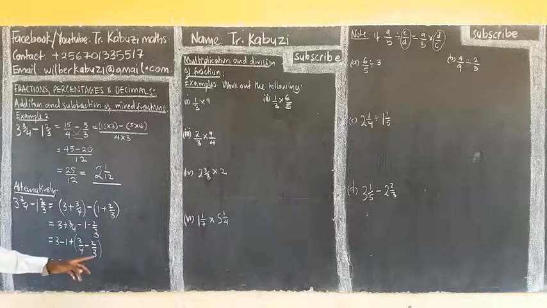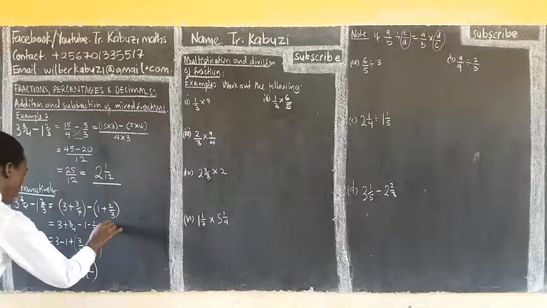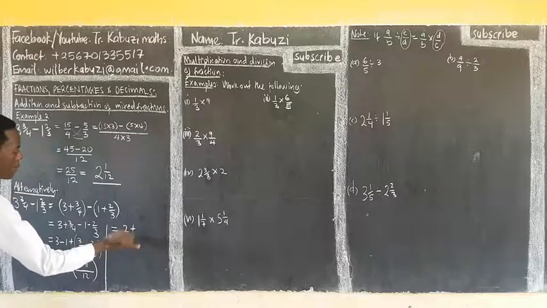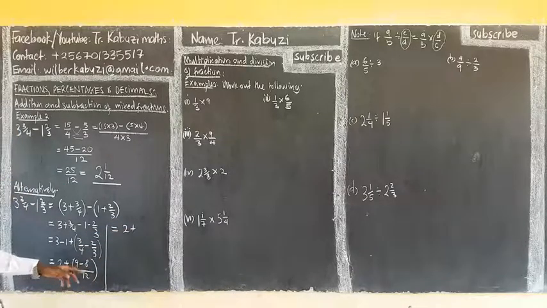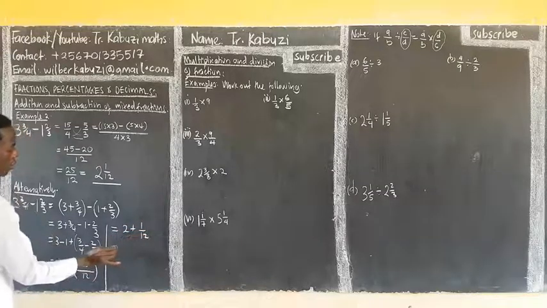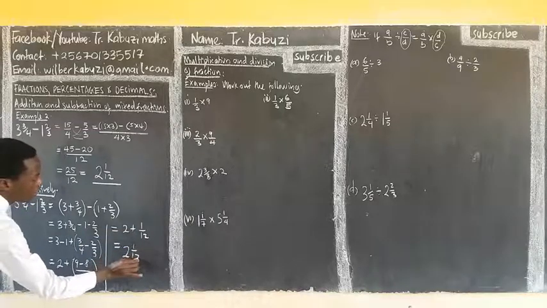You say 3 times 3 we get 9, minus 4 times 2 we get 8, the whole over 4 times 3, we get 12. So this will be 2 plus 9 minus 8, we get 1 over 12. And so when we add this and this, we get 2, 1 over 12.